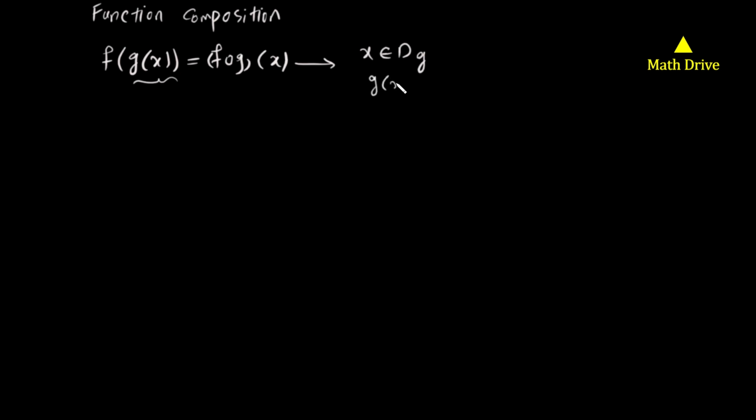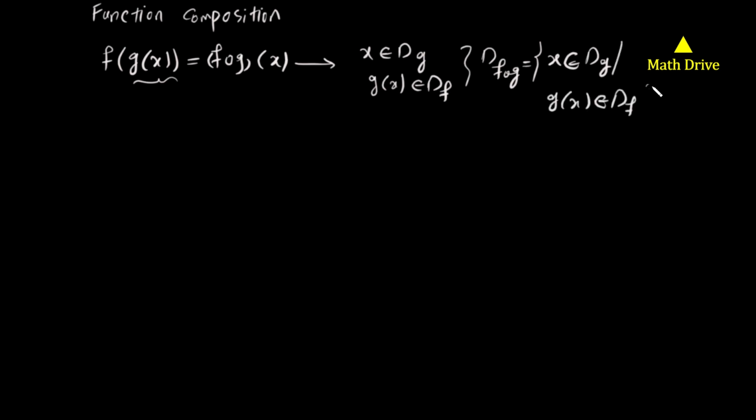So g(x) belongs to the domain of f. So the domain of f∘g can be written as x is in D_g, in which g(x) belongs to the domain of f.